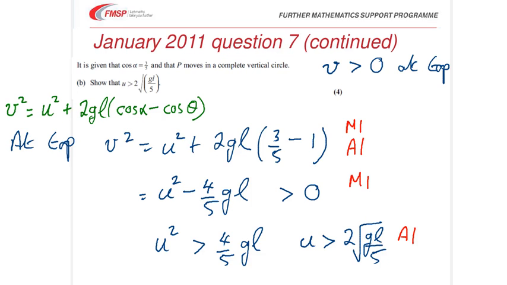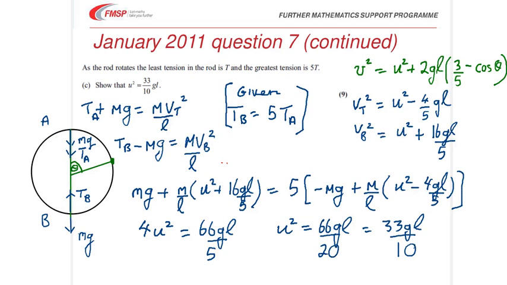And for the last part, the 9 mark one, there were basically method and accuracy marks, M1 A1 for resolving, and then method and accuracy marks for the rest.